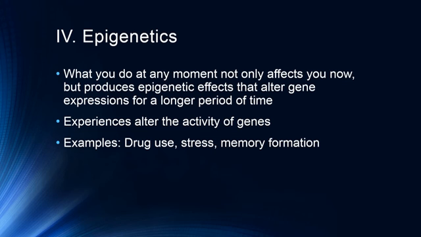And so people that grow up in high-stress poverty environments can end up passing down altered genes as a result of that experience. So this is a really important area for us to study.